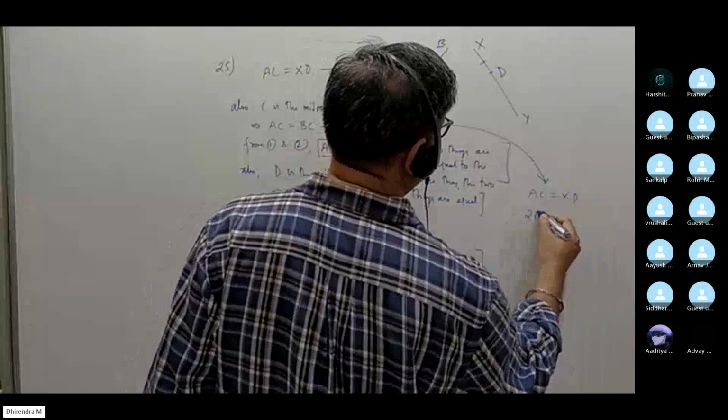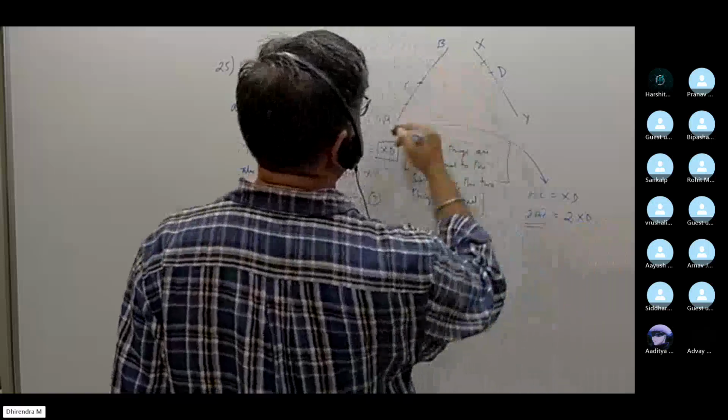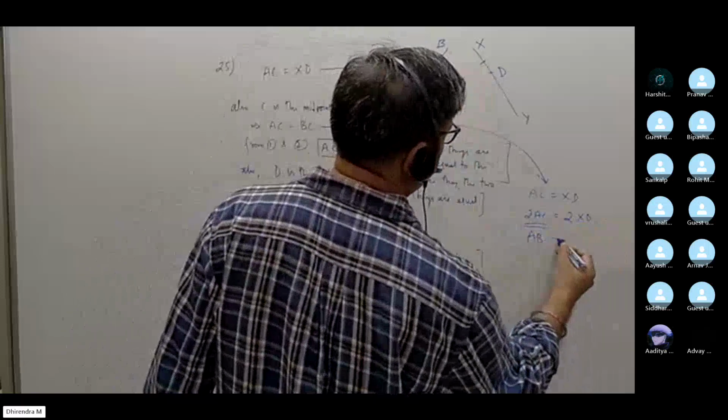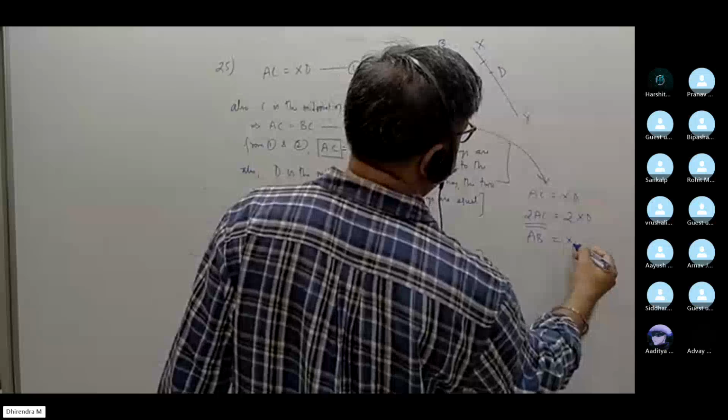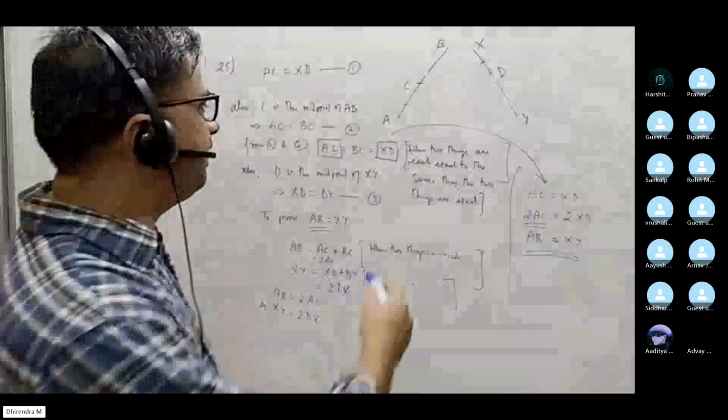AC is equal to XD, so twice of AC is equal to twice of XD. Twice of AC is AB, and twice of XD is XY. This is how we prove it.